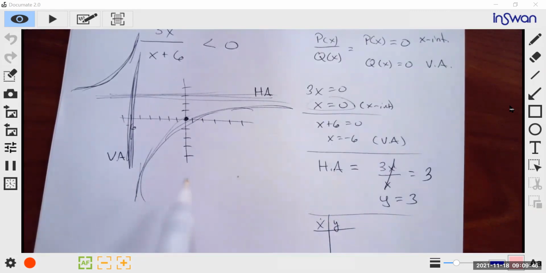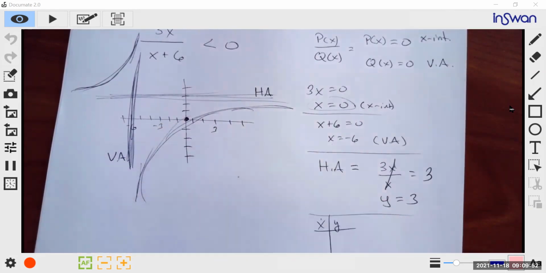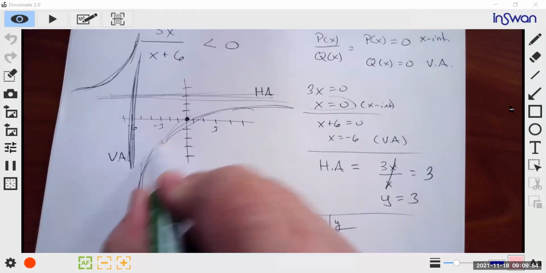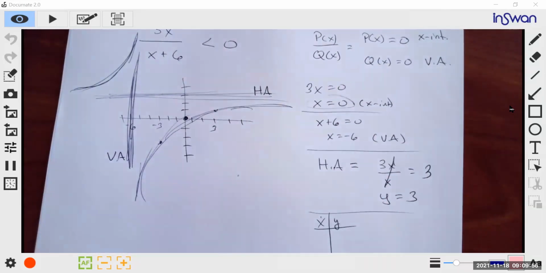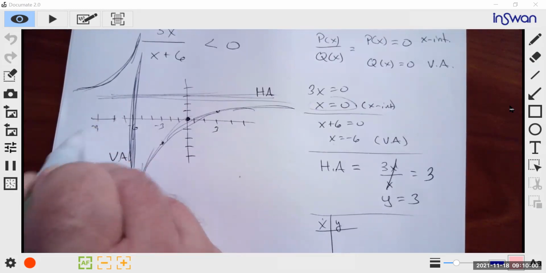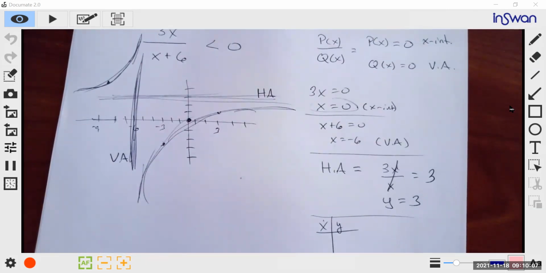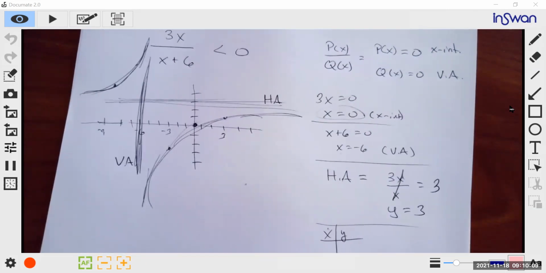Again, you plug in some points. We know 0 already, so we plug in -3, we plug in 3, and we get our points. The same thing here. Plug in -9 or whatever. We'll get these points. But you have to do some work at that point, which is graph the plot.